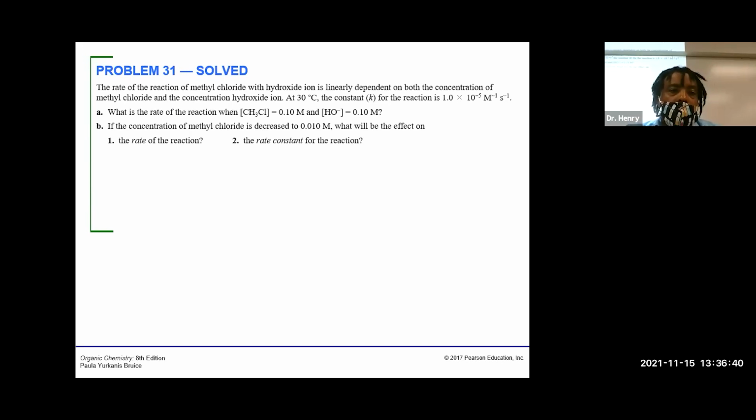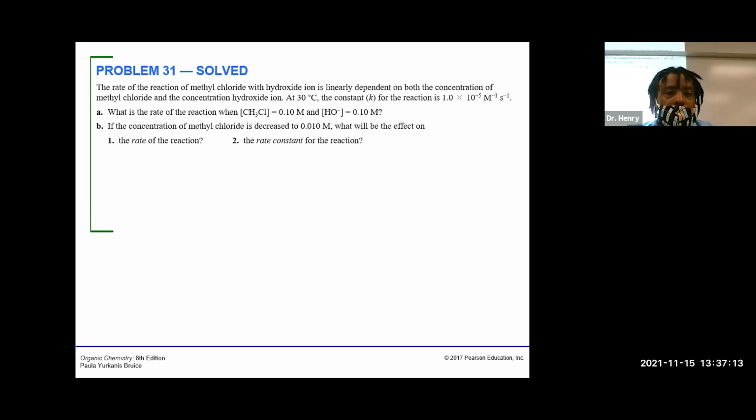The rate of the reaction of methyl chloride with hydroxide ion is linearly dependent on both the concentration of the methyl chloride and the concentration of the hydroxide ion. At 30 degrees, the constant K for the reaction is 1.0 times 10 to the minus 5 per molar per second.